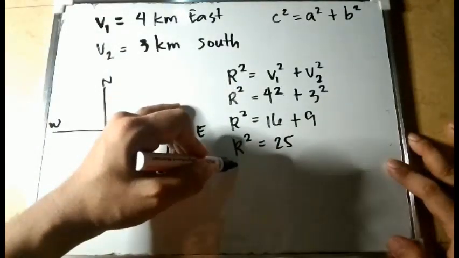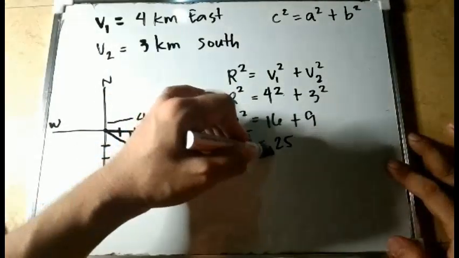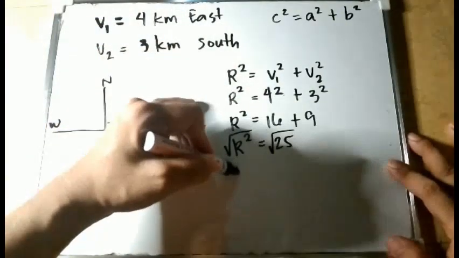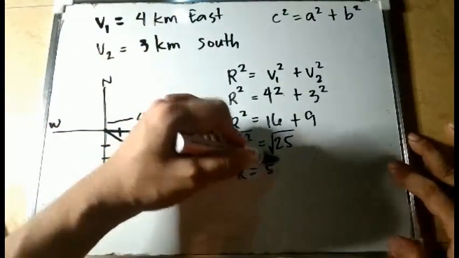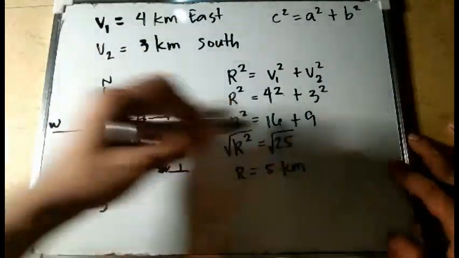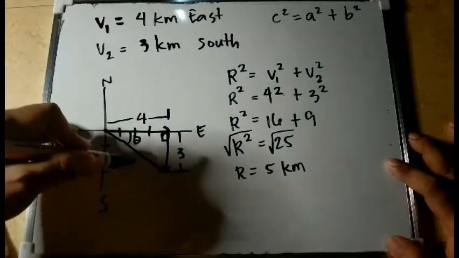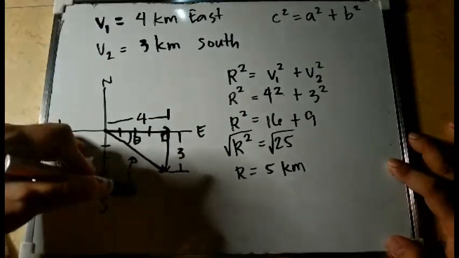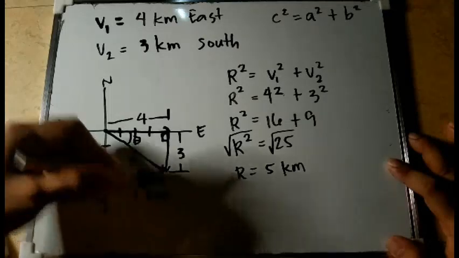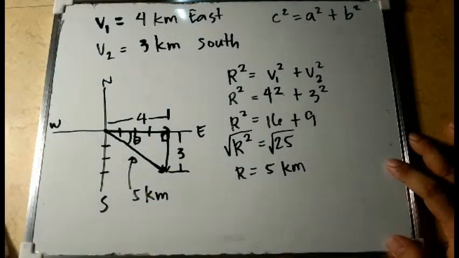Therefore, get square root both sides. We have r is equal to 5 kilometers. Okay, so this is 5 kilometers. So meron tayong magnitude. Ang problema na lang is yung direction. Okay, kung ano yung magiging direction niya.